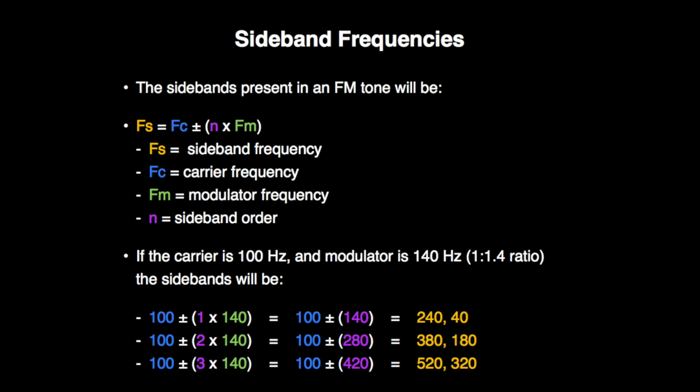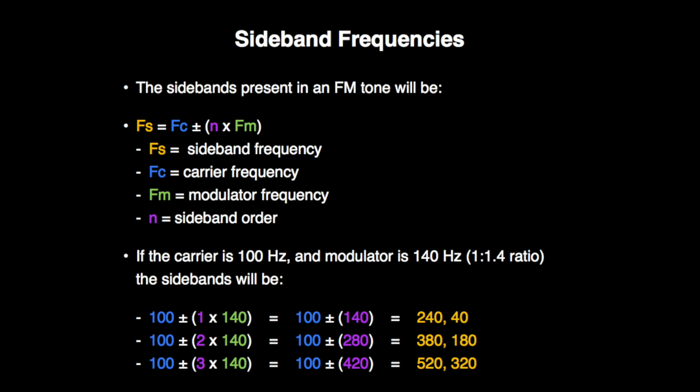So our first group of sidebands is 240 and 40. Next group, 100 plus or minus 2 times 140 is 100 plus or minus 280. That gives us 380 and 180. And then the next group, 100 plus or minus 3 times 140 is 100 plus or minus 420, which gives us 520 and 320.